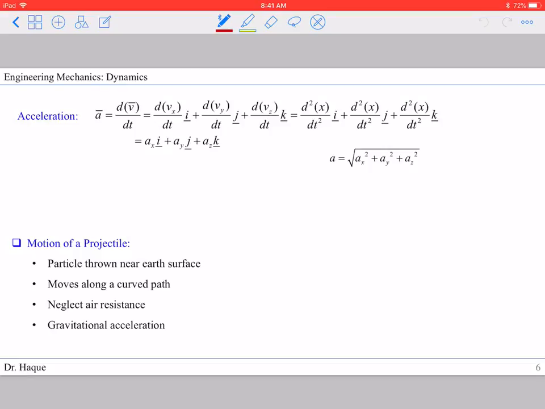So acceleration, again, we can follow the same way that we just talked about for velocity. Acceleration would be the time derivative of the velocity vector. Again, the vector has x, y, and z components in rectangular components, so the x part, y component of the velocity, and z component, with the i, j, k unit vectors.